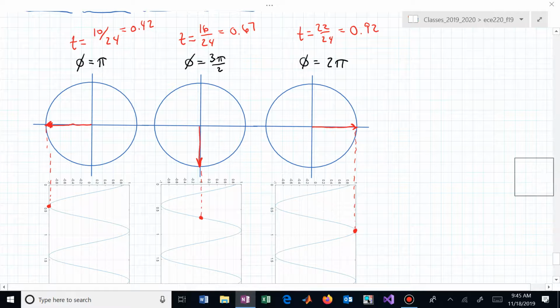We go a little bit more. We spin a little bit further with time. We're now at 16 over 24, and we project that phasor onto the real line. It has no real component. It's 0.